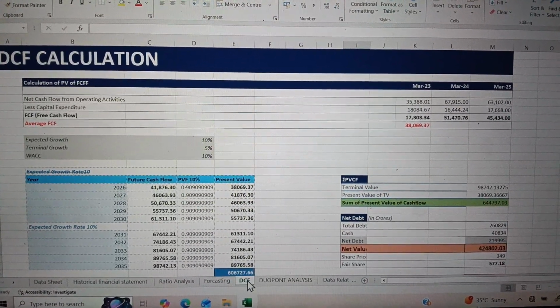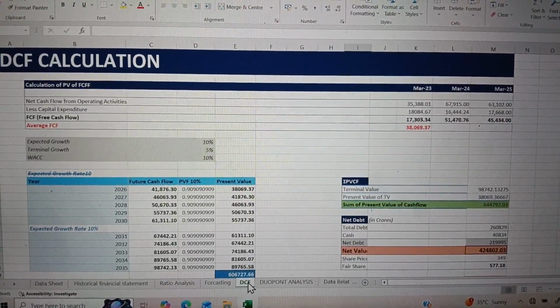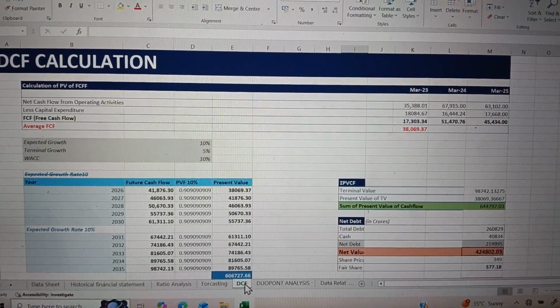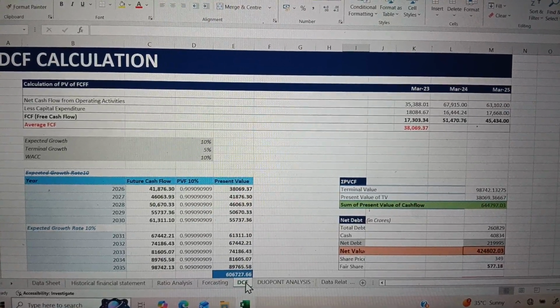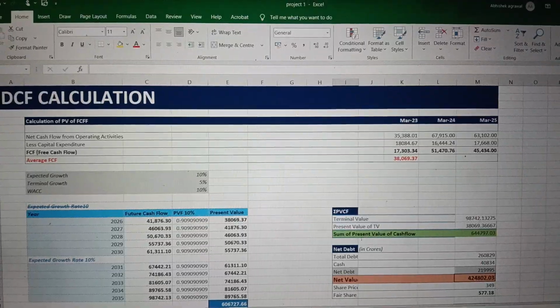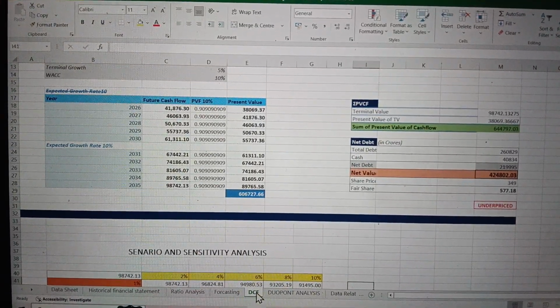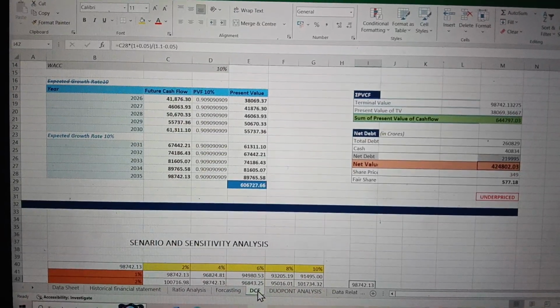Expected growth is the growth the company is expected to have for the next 5 to 10 years. Terminal growth rate is the growth rate which is estimated on an average. We can see that we have calculated the present value, cash flow, net profit, total debts.